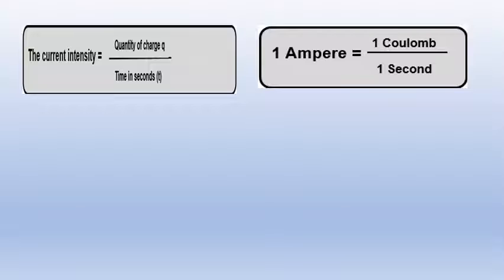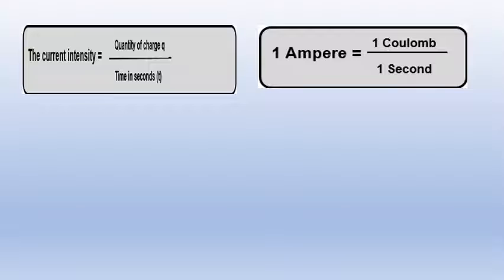Now, if I ask you what's meant by ampere? Pay attention. This lesson contains many definitions. You can answer the definition, or you can know the definition from the rule in an easy way. So please pay attention.